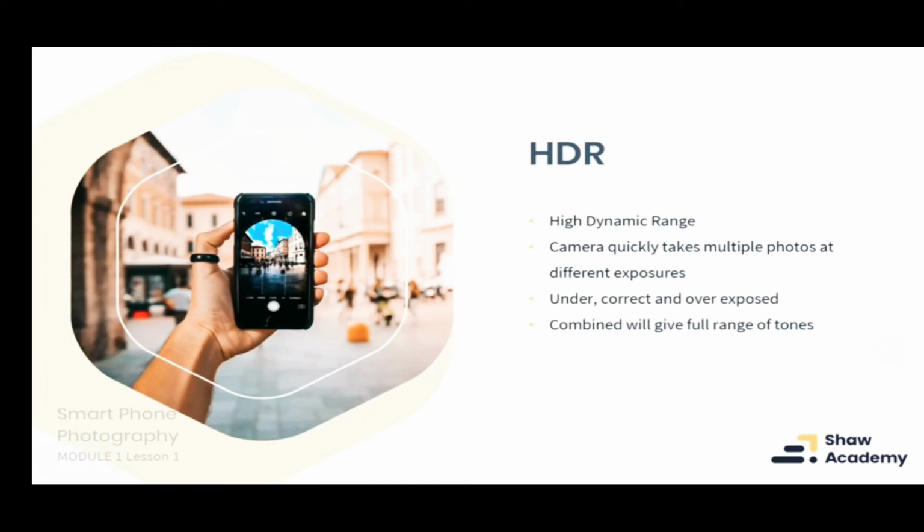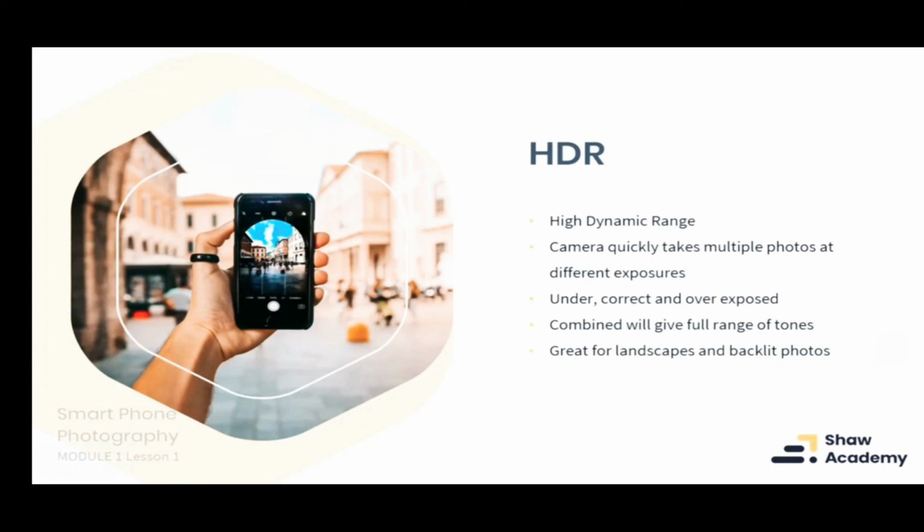As you can see in the example here, this is a really good example because the phone is actually seeing more than the camera that is taking the photograph, because we can see the sky in particular in this shot. So it's great for landscapes and backlit photographs.